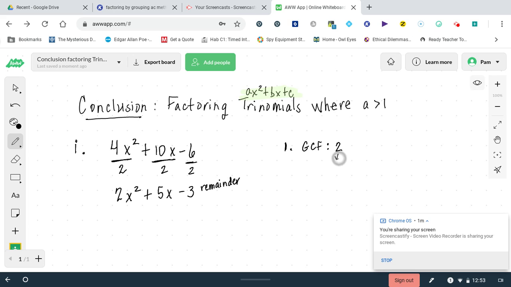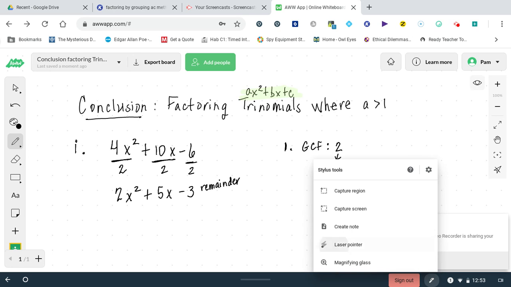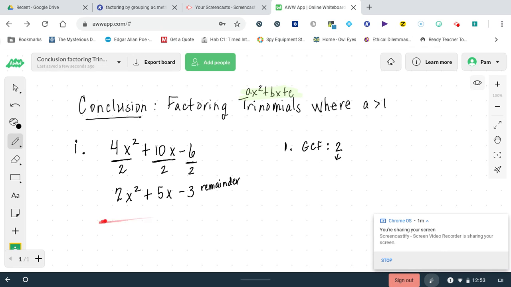My GCF was 2. Now, in the last video, I wrote it over here, okay? I'm not going to do that because I'm going to work over here, and I don't want to continue to keep the 2 of my GCF in this area. I'll put the GCF of 2 back in at the end. I want to try to ignore it right now.